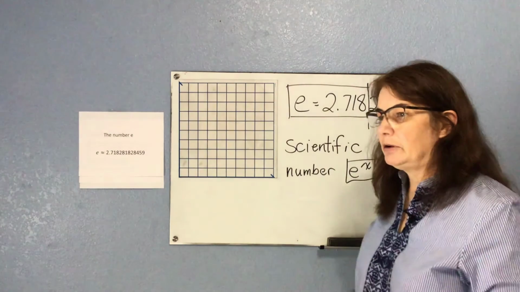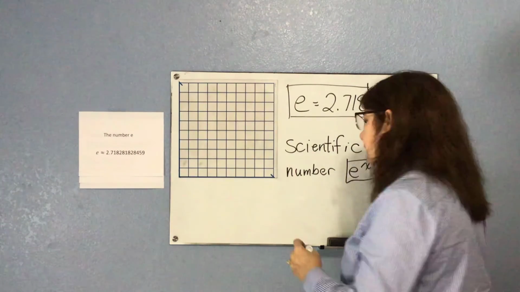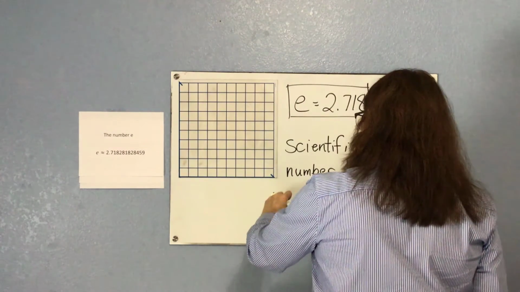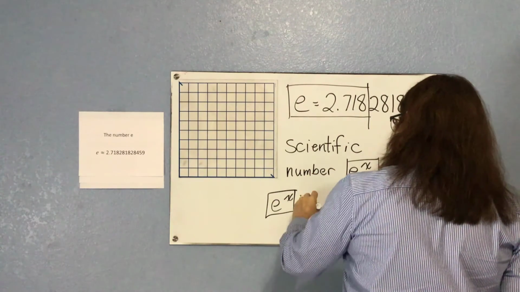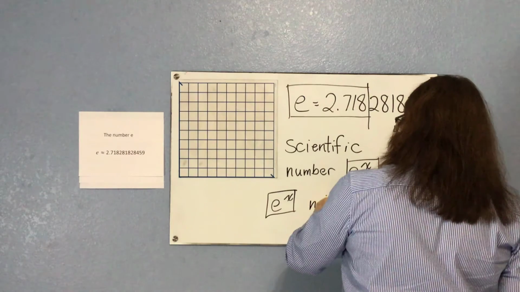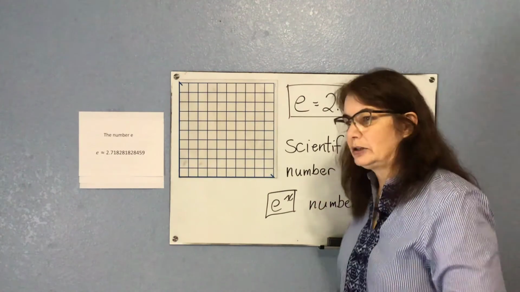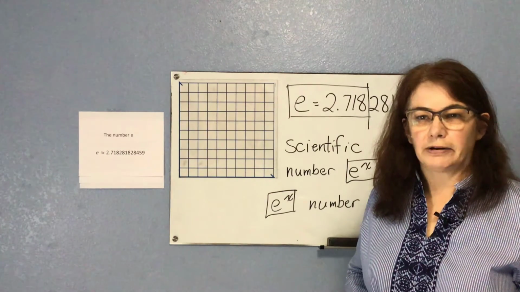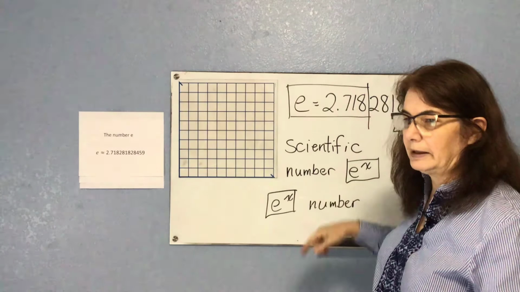If you're using a calculator that's patterned more like a graphing calculator, you push e to the x first, and then the number that you want for x. So just make sure that you are familiar with how this button is used on your calculator.